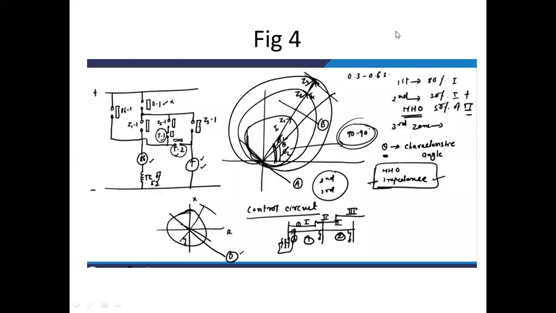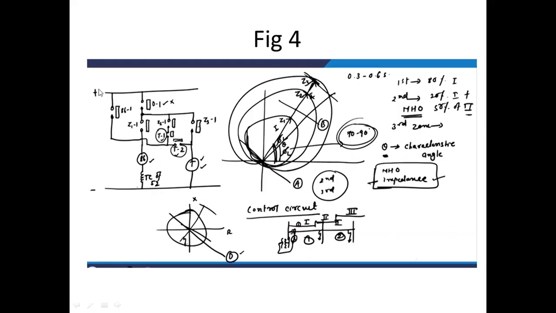Okay, so to understand this, we have to draw the control circuit of the distance relay. Let us see how to draw it. We have the positive terminal and the negative terminal here.